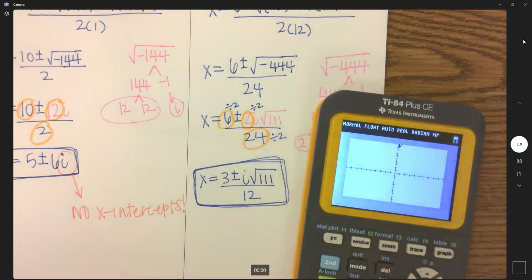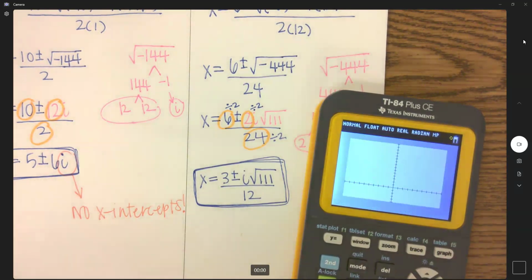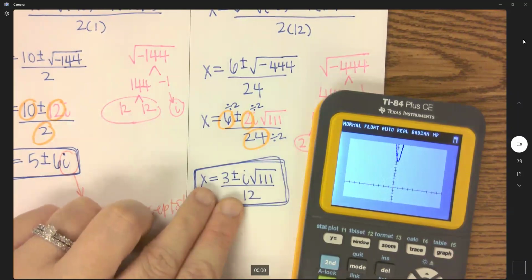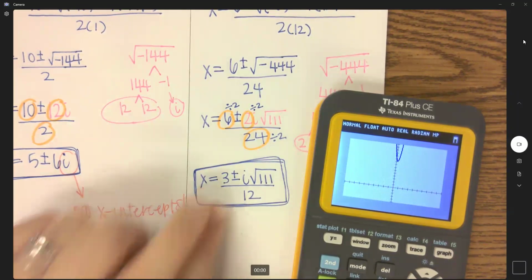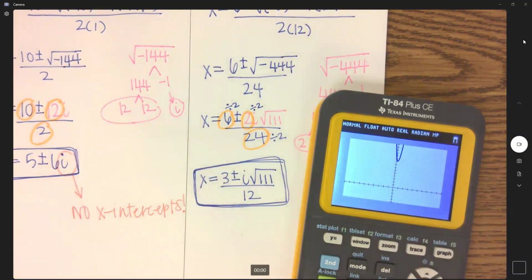Oops, just a little bit above my window. And as you can see again, it does not touch that x-axis. So I can't fully verify that this answer is right, but I do know it should be imaginary because it's not touching the x-axis.